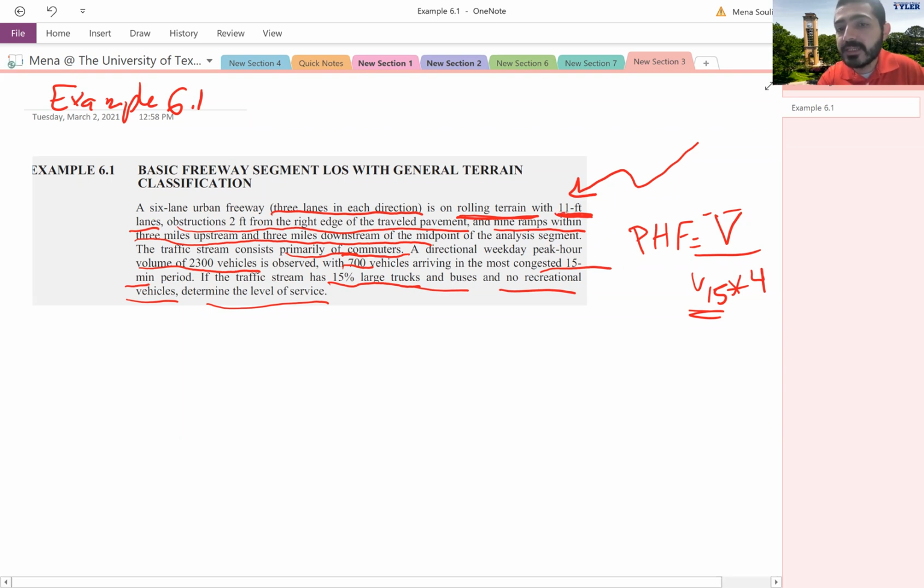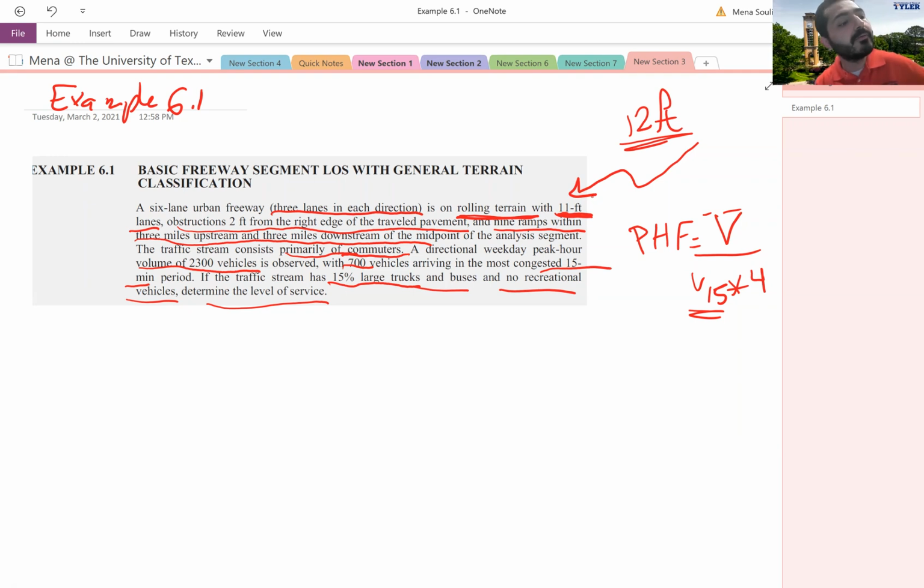So it's actually not 11, it has to be 12 feet. The 12 feet is the minimum. So once we have now 11 feet, we know that we're deviating from the base condition, and therefore we need to do the calculations.